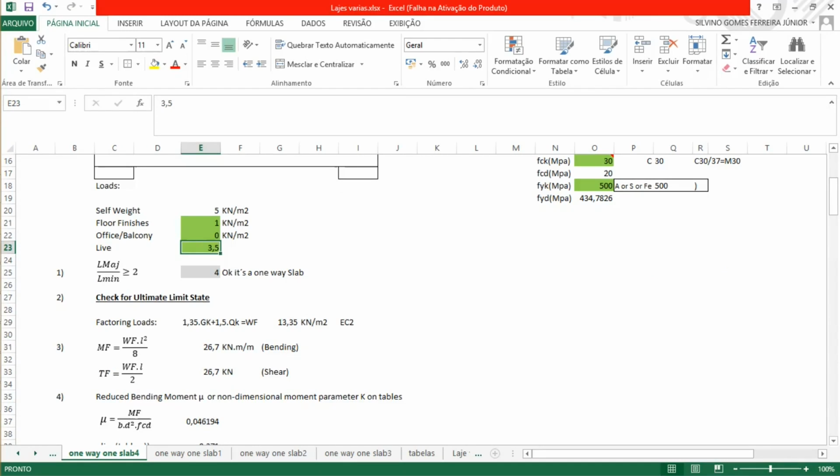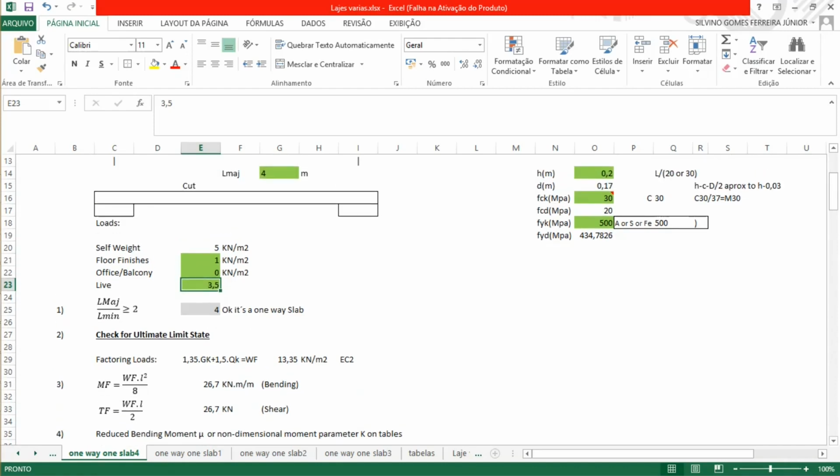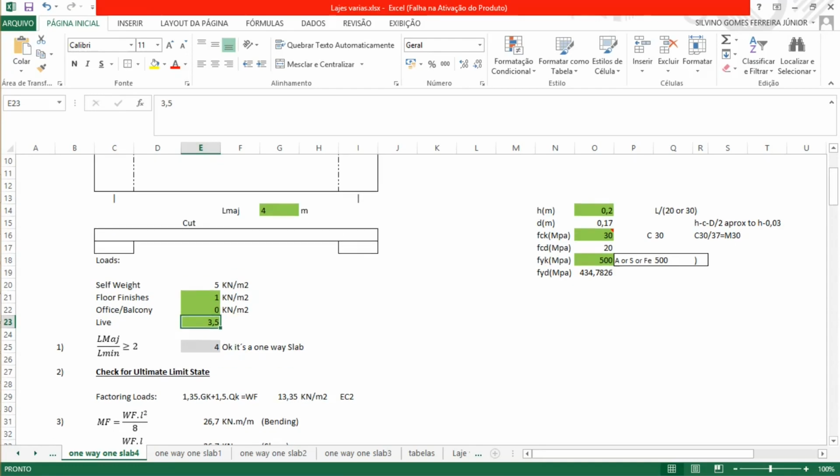And from this equation, if we check the bigger span divided by the minor span, the 4 divided by the 1, that gives 4, which is equal or bigger than 2, which says that it is a one-way slab.